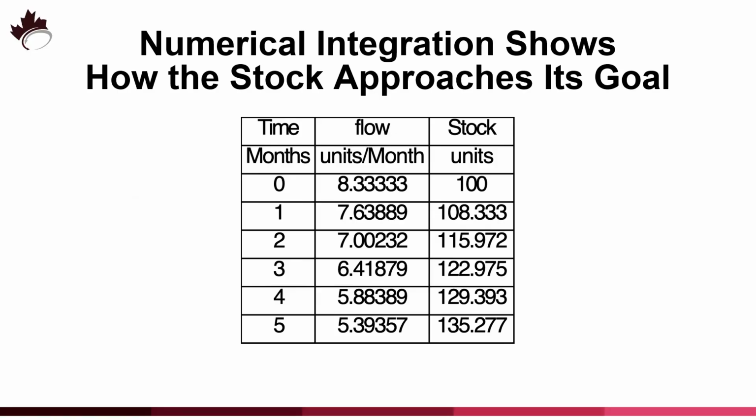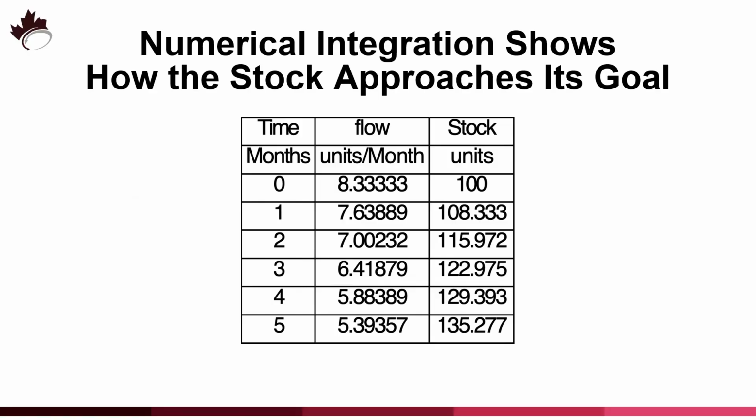And then we have 8.333 units per month going into that stock in the first month. That's based on closing the gap: the amount of gap divided by the time to close the gap. That's the amount of flow that goes into the stock in the first month.